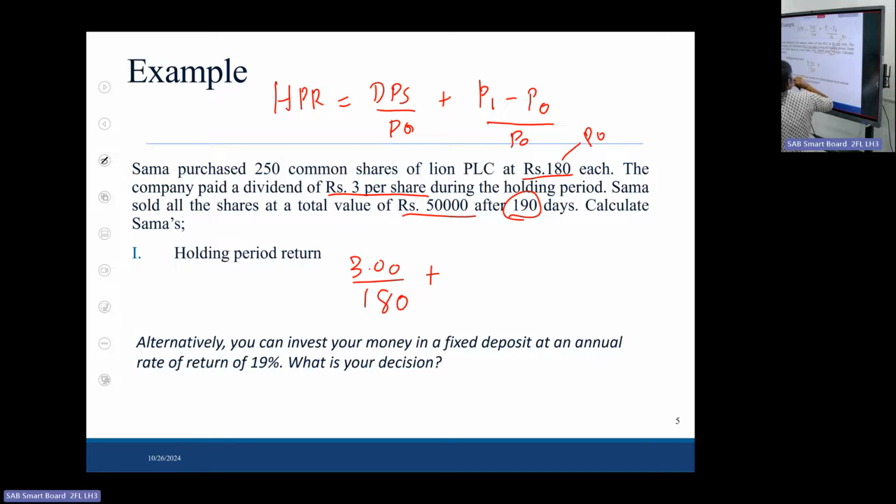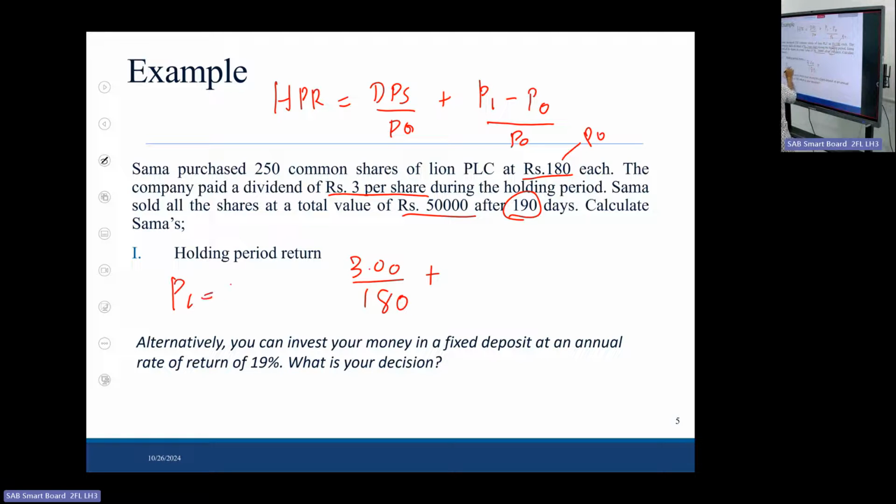Then, is there any capital gain? Sama sold all the shares for 50,000 rupees. All 250 shares he has sold for 50,000. So how much is the selling price per share? It is 200.